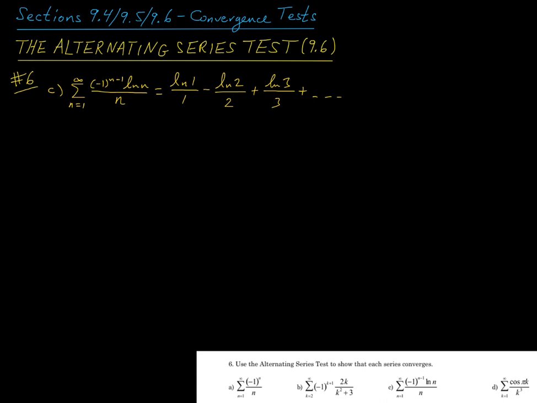Also note that the natural log of n is positive for n greater than or equal to 2, and the natural log of 1 is 0. So these b sub n's are all non-negative. It is true that this is a decreasing sequence, except that it's decreasing for n greater than or equal to 3, not for n greater than or equal to 1.